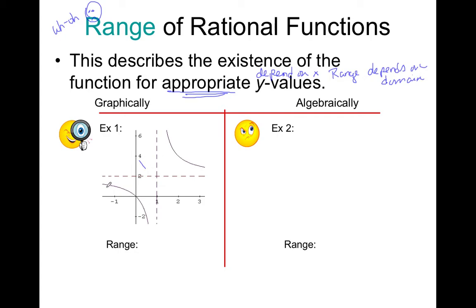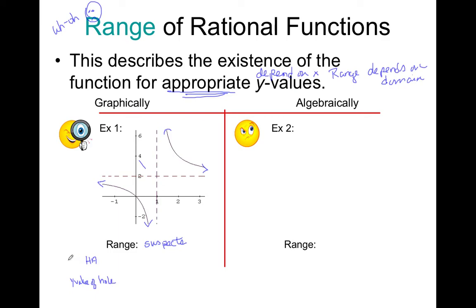Same graph. For the range, like the domain is so clear, right? Are you dividing by 0? Kick out of the domain. For the range, you have to make a list of suspects to kick out of the range. Who are your suspects? Your suspects are any horizontal asymptote and any y value of a hole.